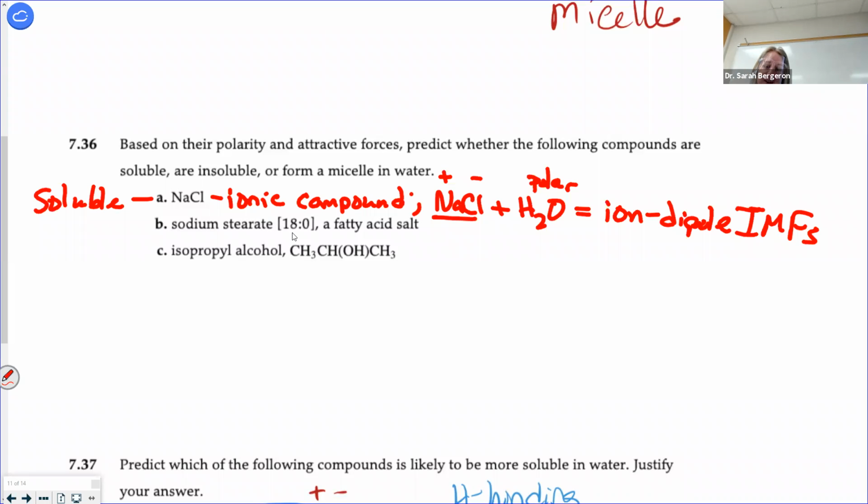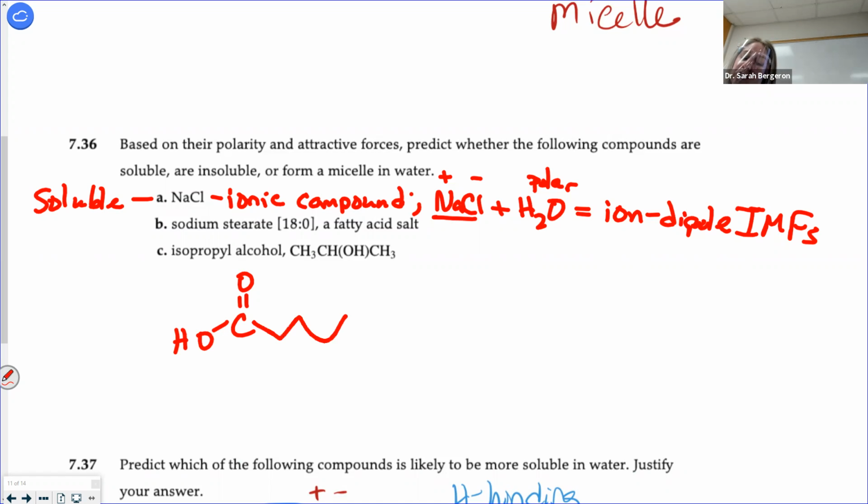Sodium stearate, and we'll talk about what this 18:0 means in just a minute. A fatty acid salt. What's a fatty acid? Remember I had you draw fatty acids? Do you remember this? Yeah. So a fatty acid has a carboxylic acid, right?